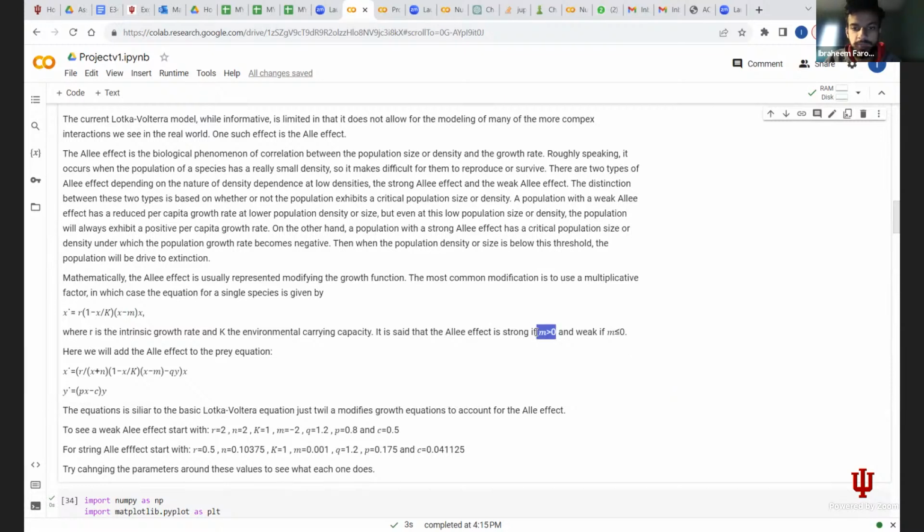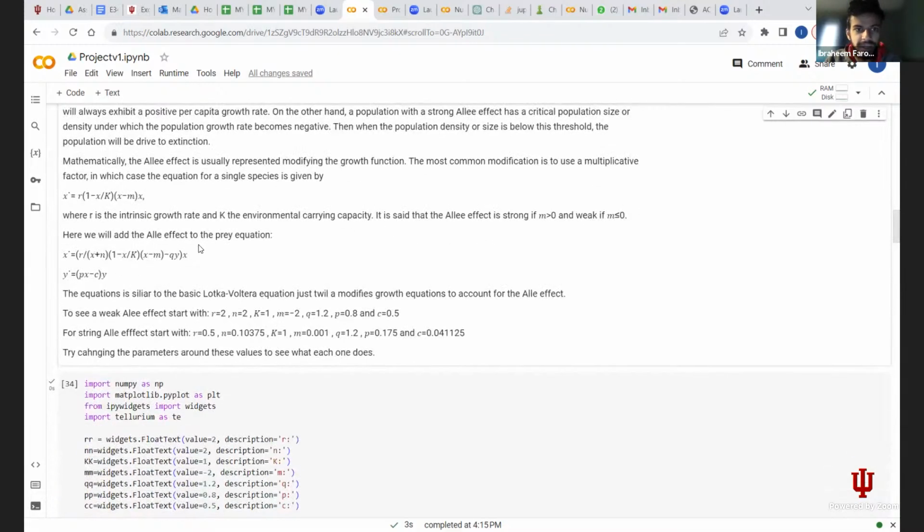Strong Allee effect is when m is positive, my bad. And the weak Allee effect is when m is negative. Basically, the way this works out is if m is large enough, if x is below the certain carrying capacity, you will have a negative growth rate.